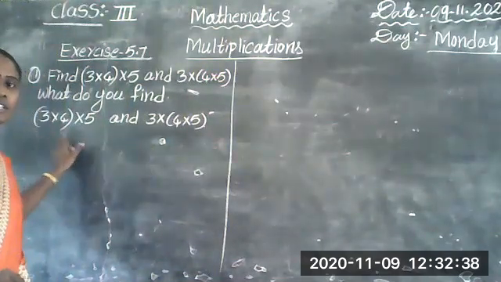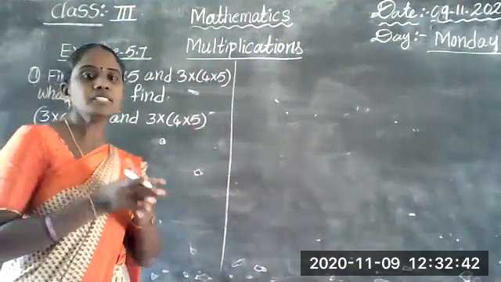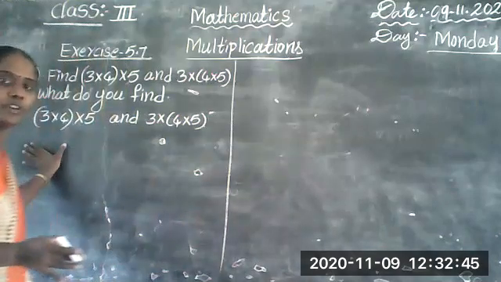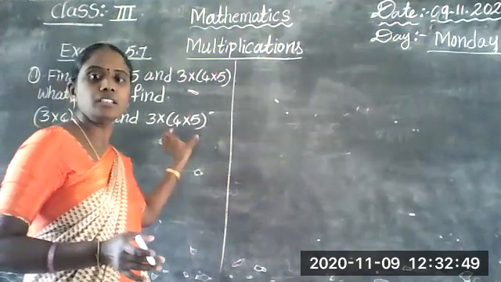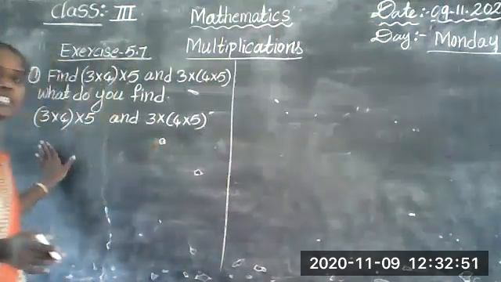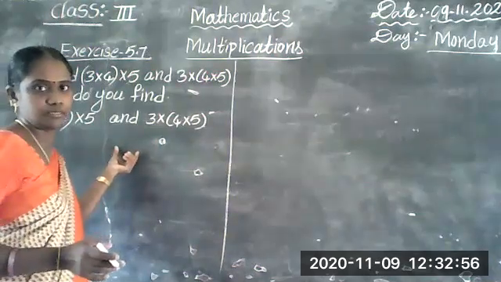Three numbers are given: 3, 4, 5. But here the grouping is different. Here 3 into 4 is grouped. Next, in this multiplication, 4 into 5 is grouped. Grouping is changed, just the numbers are the same.